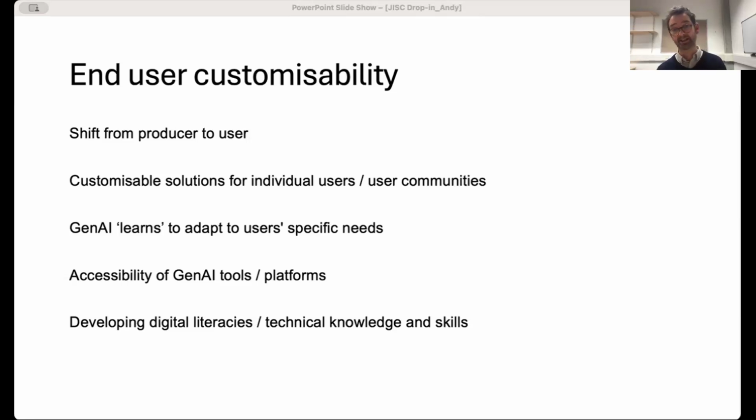But this does once again highlight the need for these tools to be accessible, of course. And also the need to recognize the significance of emergent digital literacies that come with these technologies, and the need to develop those technical knowledge and skills.